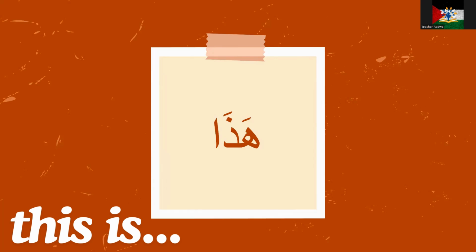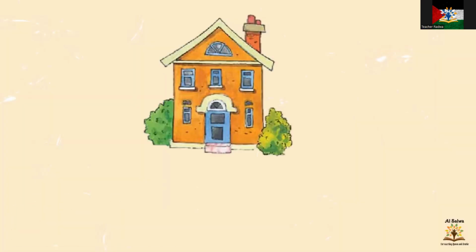Like for example, if we want to say this is a boy, we say هذا ولد. Do you know what is house in Arabic? A house means بيت. Now, if I want to say this is a house, what should I say now?